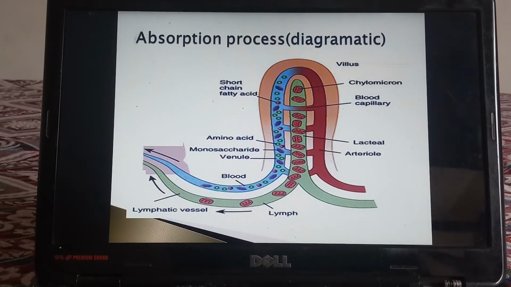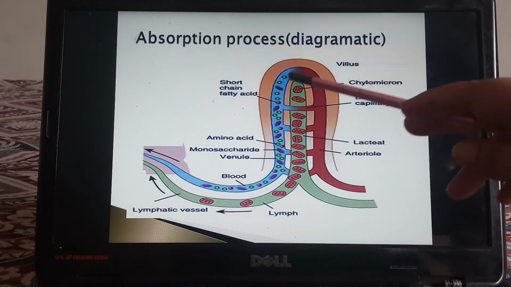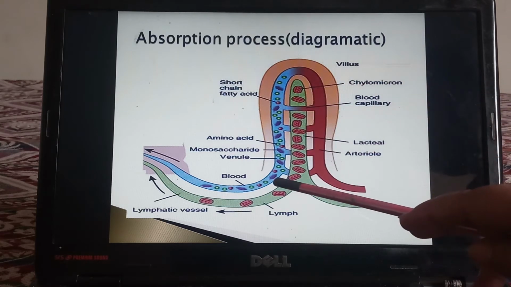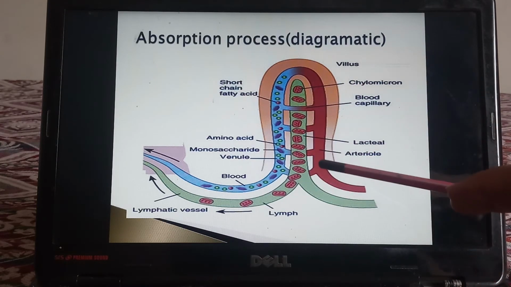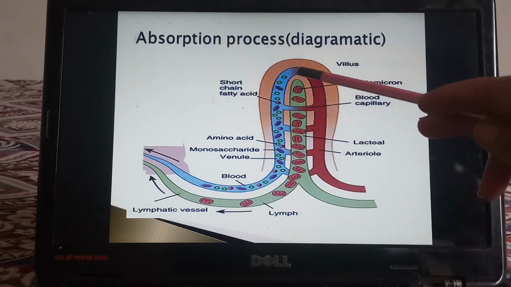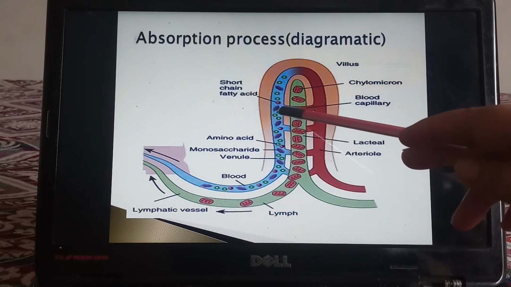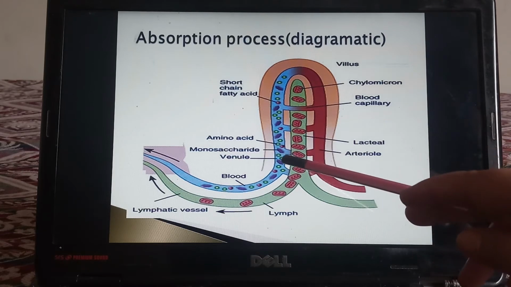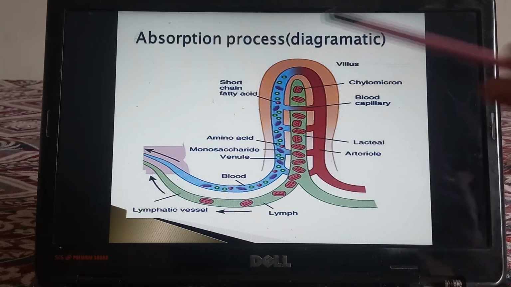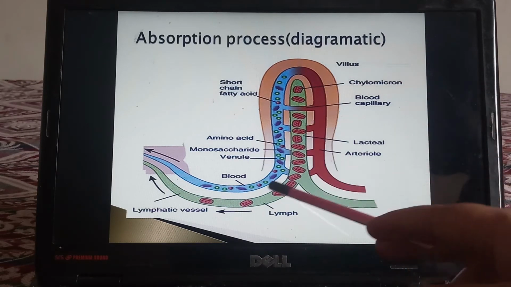So here is a diagram I have taken which is explaining the process of absorption. You can see this is the villi where the absorption is occurring. Inside the villi, these are the blood vessels, this is your veins, and this one is the arteries. Here you can see the different components of food have entered, like the small fatty acids, amino acids, monosaccharides, that means glucose, and this is the bloodstream.